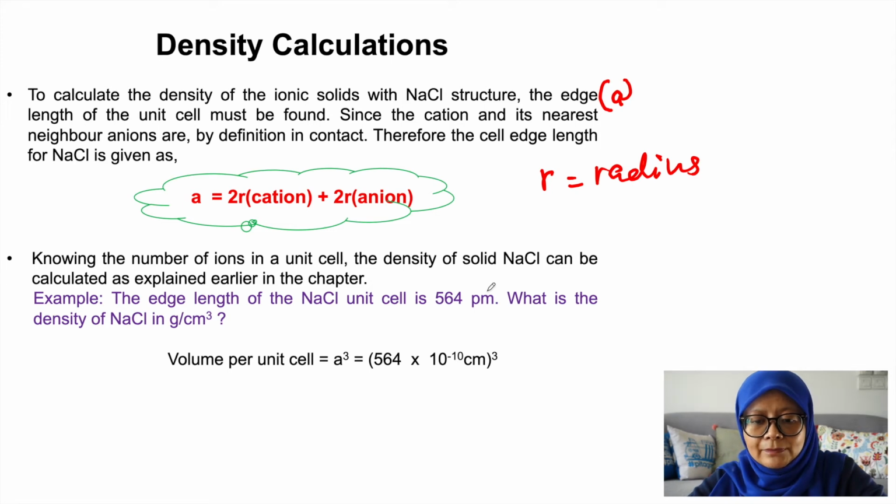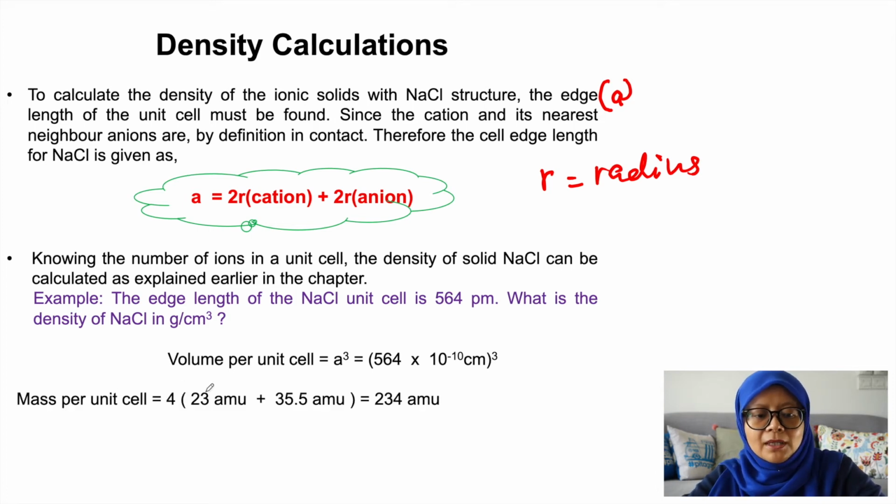So here, this is the volume: 564 times 10 to the power of negative 10 centimeter, cubed. Then you need to determine the mass per unit cell of the sodium chloride.